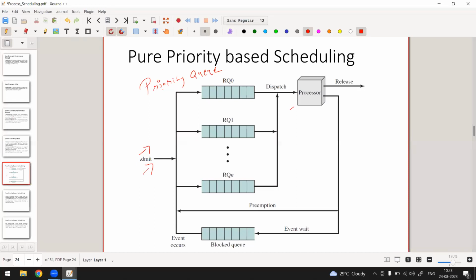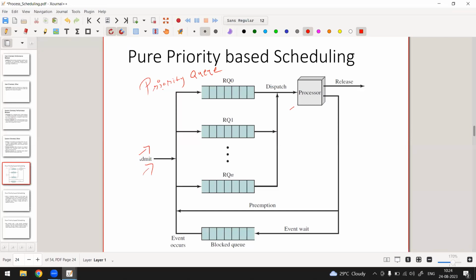Till n, you are defining the priorities. So according to the priority of the process, it will be entered in one of the queues.